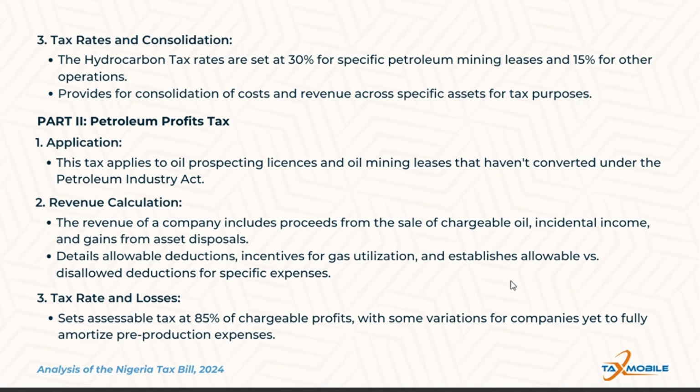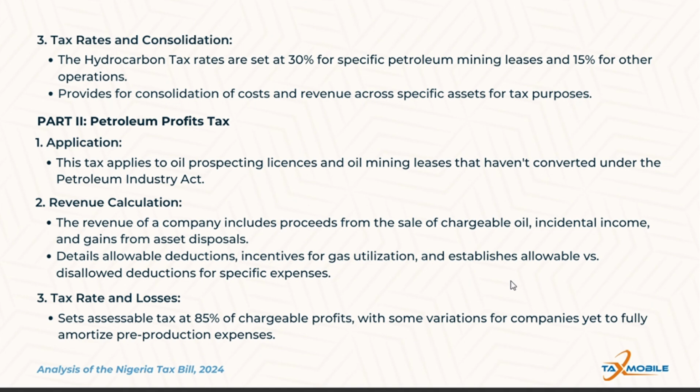Now let's look at the application. The petroleum profit tax applies to companies operating under oil prospecting licenses or oil mining leases that have not transitioned to the fiscal terms of the Petroleum Industry Act.